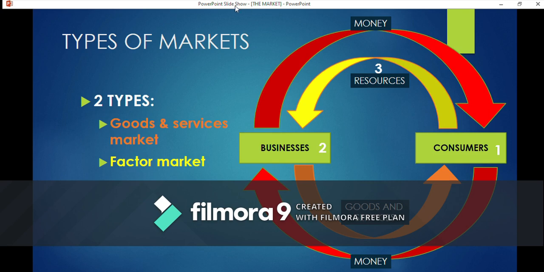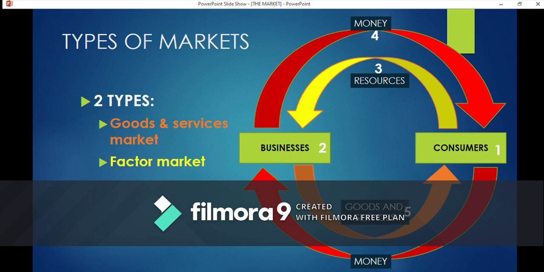But when a business gets those resources, they have to pay the consumers money. So that's their expenditure on these factors of production. So they pay consumers for the natural resources that the consumers provide to businesses, right? In return, the consumers now have money and they want to buy the goods and services from the business.